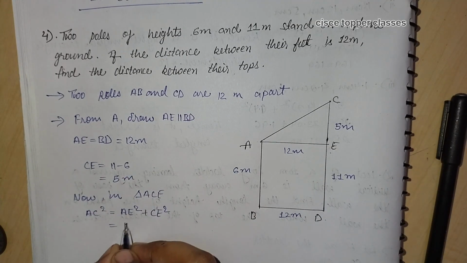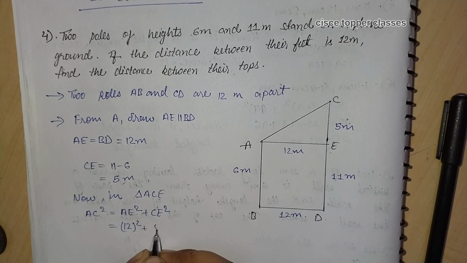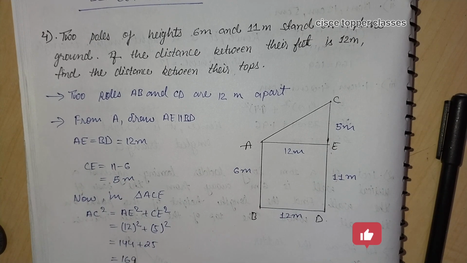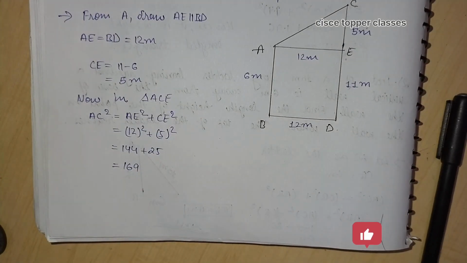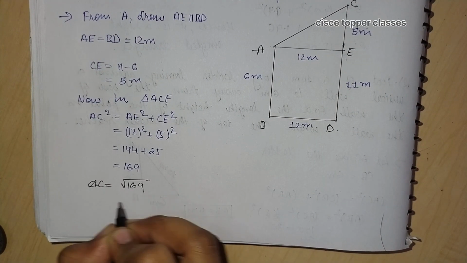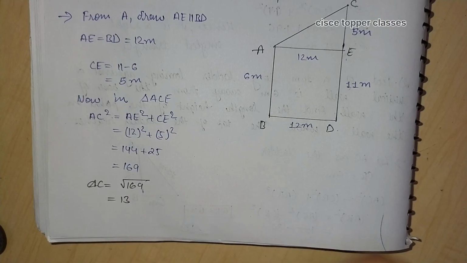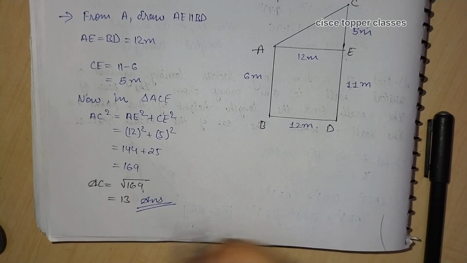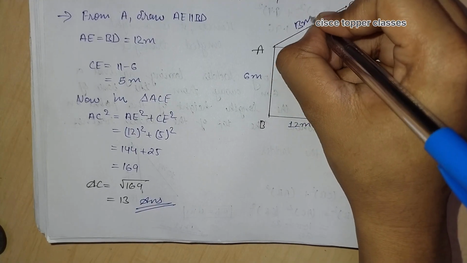So AE is 12 meter, which will be 12² plus 5². From here we can write 144 plus 25 equal to 169. And this AC² we can write as AC is equal to under root 169, which will be 13. So this is the final answer, which we have to find in this question. The value of AC is 13 meter.